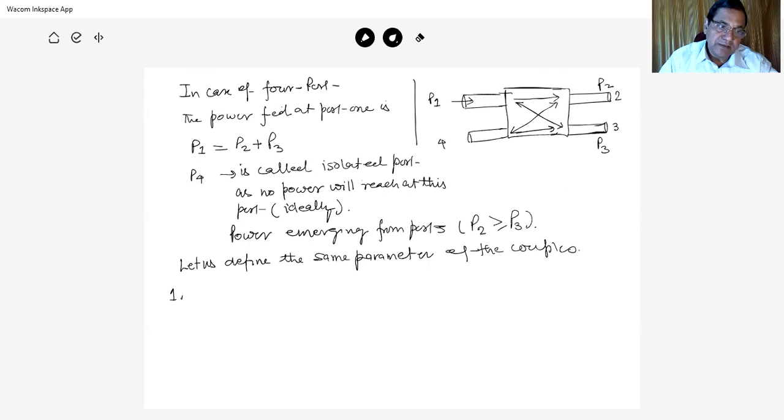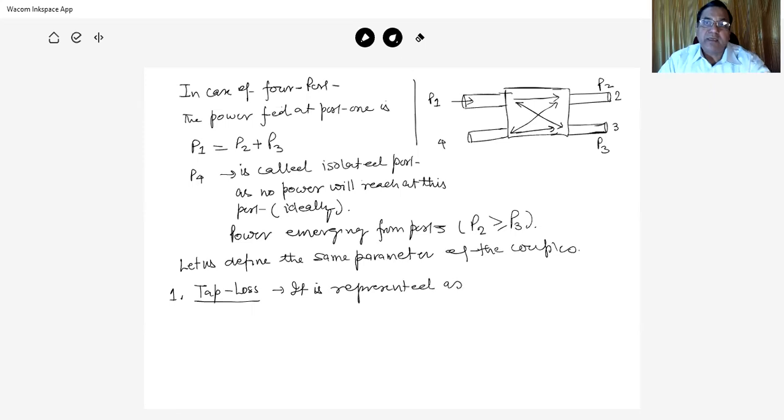First is tap loss. First parameter is tap loss. It is represented as PL tap.